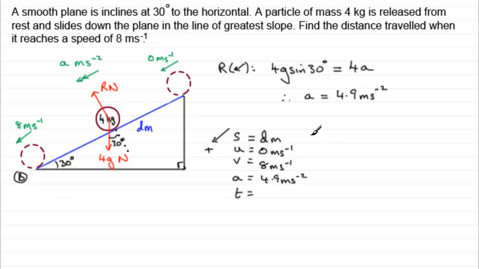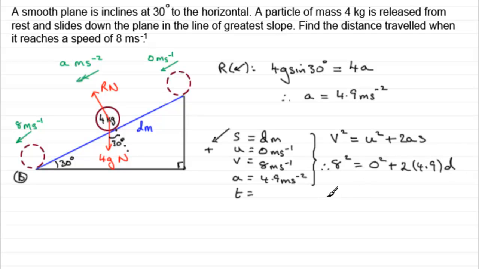So we're looking for an equation then that doesn't involve time. That's got to be v squared equals u squared plus 2as. So that means if we substitute these values in, we've got 8 squared equals u squared, so that's 0 squared, plus 2 times a at 4.9 times s, which is d. So we've got 8 squared, which is 64.